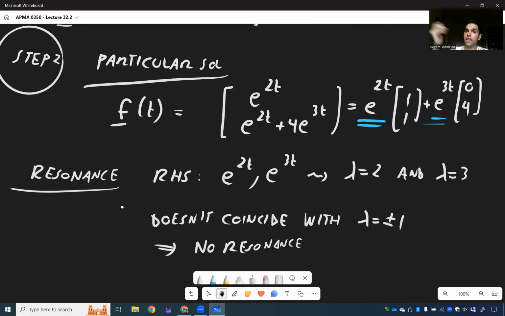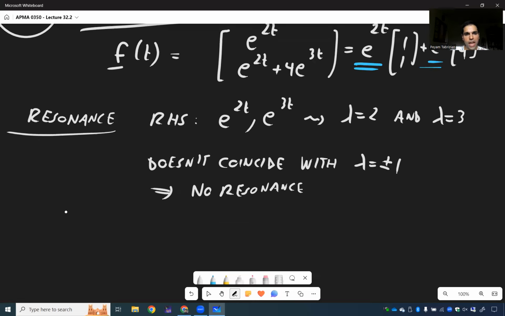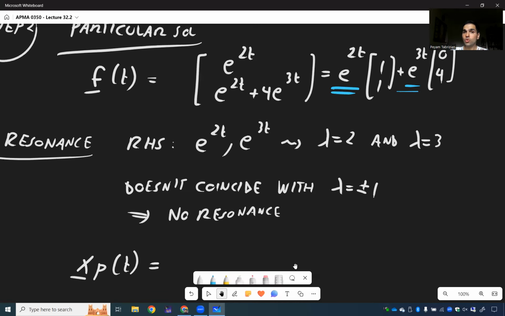And so meaning that you just guess the solution the usual way. So here, xp of t. Let's see what we would guess. So usually you would do a e^(2t) plus b e^(3t), except now a and b become vectors.